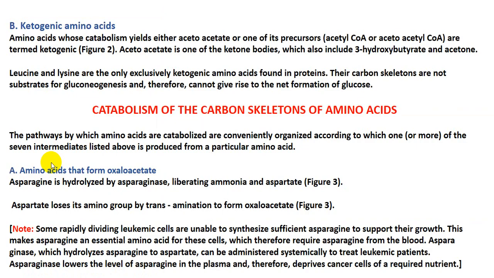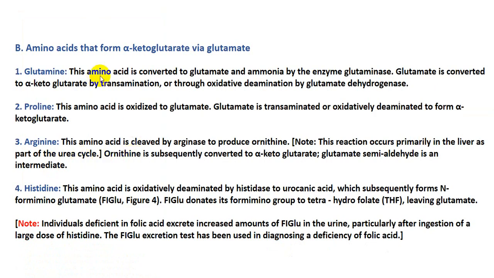B. Amino acids that form alpha-ketoglutarate. Amino acids that form alpha-ketoglutarate via glutamate are glutamine, proline, arginine, and histidine. Glutamine is converted to glutamate by removal of the amino group in the presence of glutaminase enzyme.